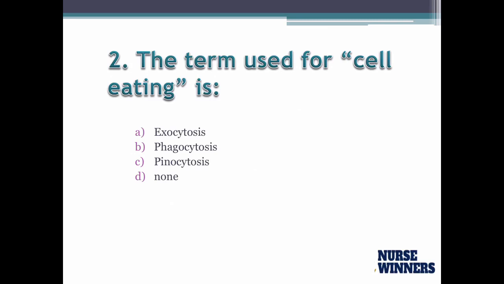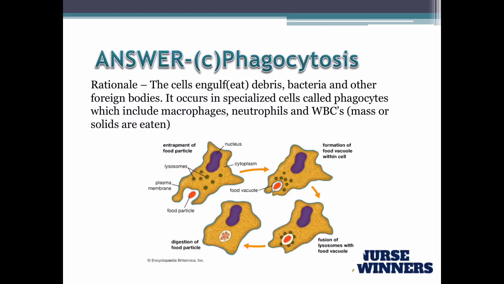Second question. The term used for cell eating is options A. Exocytosis, B. Phagocytosis, C. Pinocytosis, D. None. The right answer is option B. Phagocytosis.